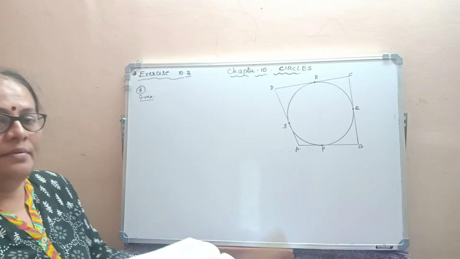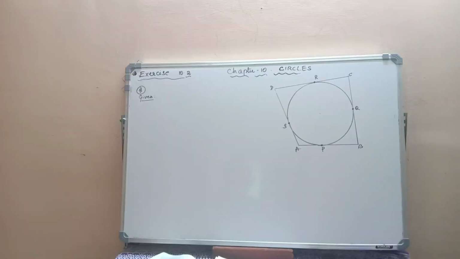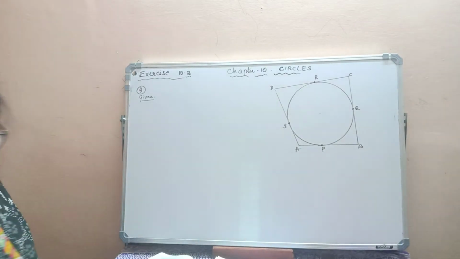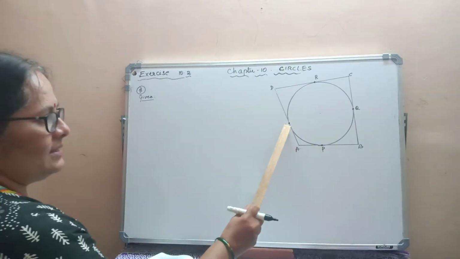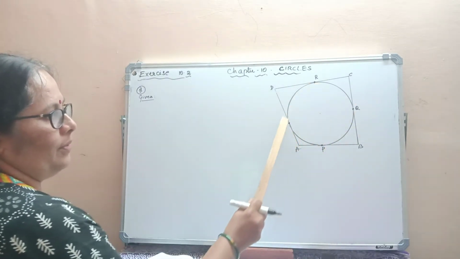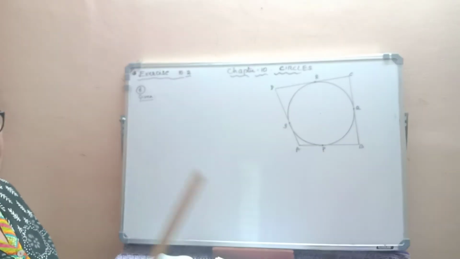To circumscribe is to draw a figure around another, touching it at points but not cutting it. Just touching it. It means a figure around the other, just touching it at one point. That is the meaning of circumscribe.